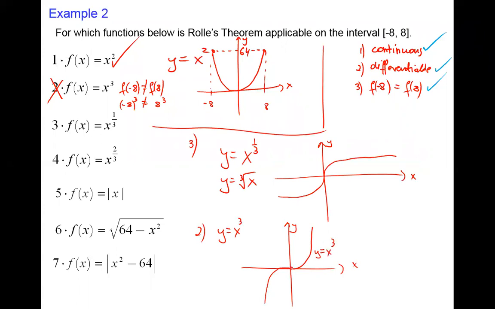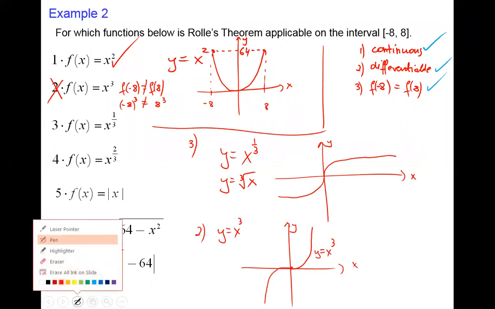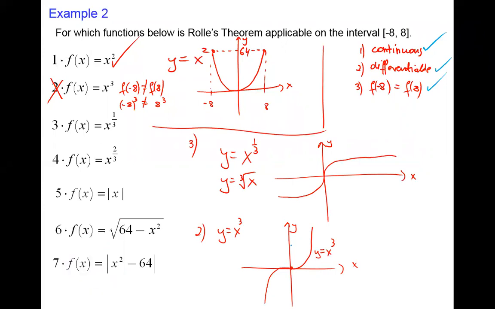We have to remember that at 0, that's not a problem. The function is x cubed. I'm still talking about x cubed. It's still a differentiable and continuous function, but at 0, this function has a horizontal tangent.